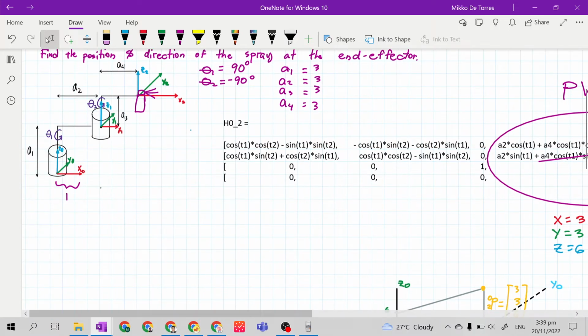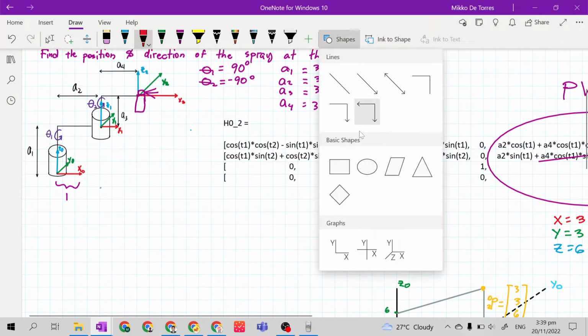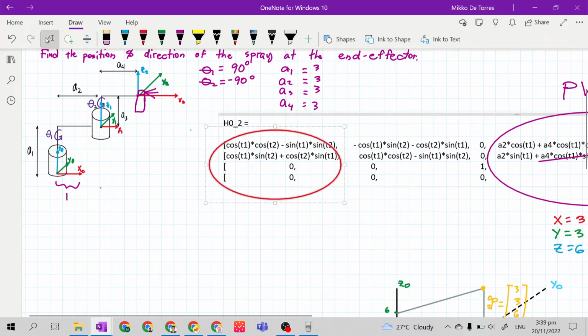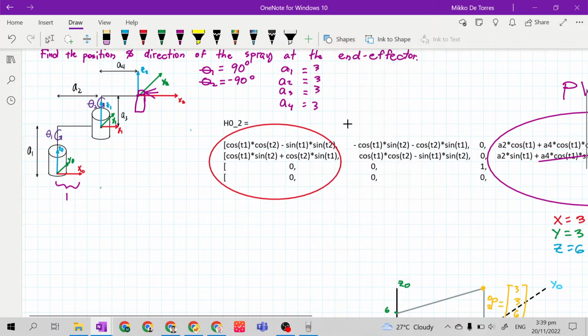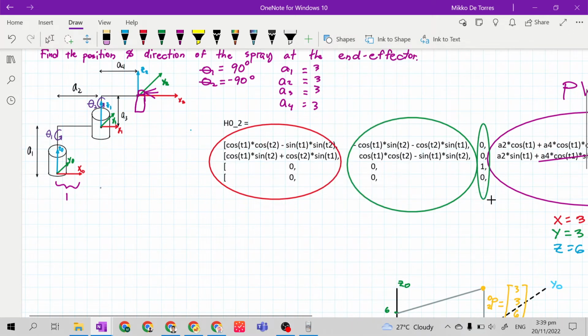The projected frame is the end effector frame. This is the x02, this is the y02. And the last one, this is the z02.